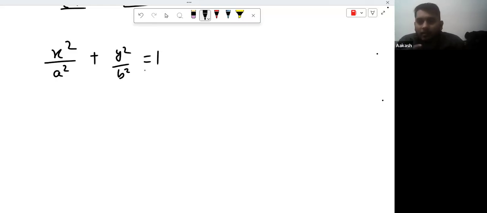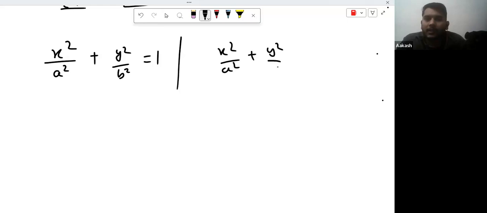You can see it's almost like a circle. If a and b become equal, we can send them to this side and this becomes a circle: x square plus y square equals a square, with center 0, 0 and radius a. So a circle is a special case of an ellipse.